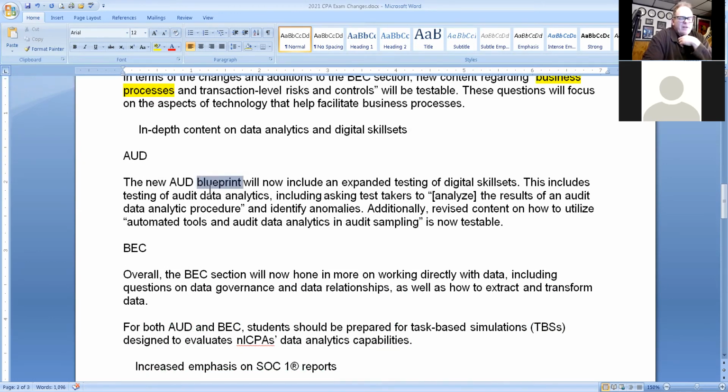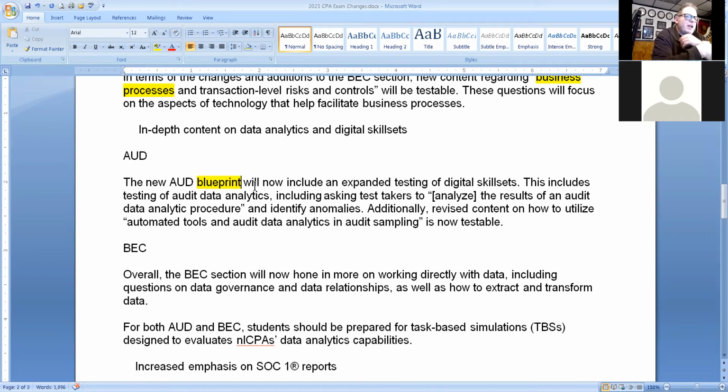They talk about the blueprint. I don't think I sent you guys the blueprint. The blueprint is a fairly in-depth thing about what's going to be on the exam. They tell you a range of percentages: this will be from 15 to 25%, this will be from 5 to 10%, and all that kind of stuff.